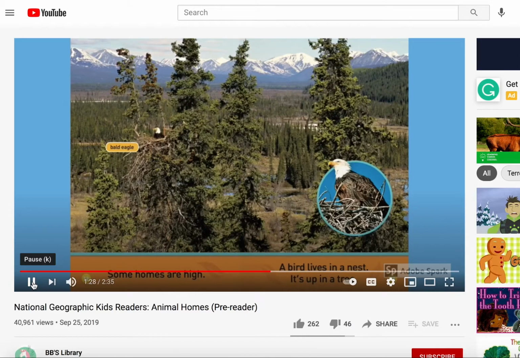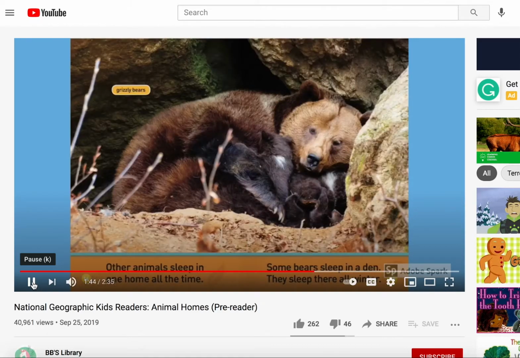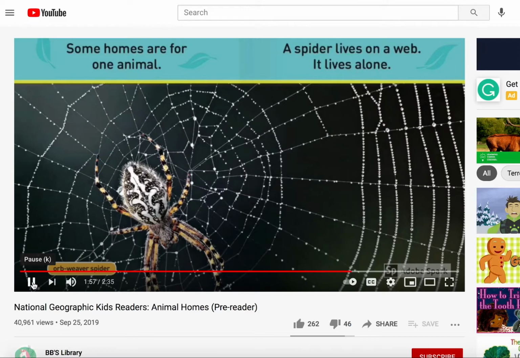Bengal eagle. Some animals sleep in many homes. Deer walk all day. Then they find a new place to rest. Oh, look at that baby deer. Other animals sleep in one home all the time. Some bears sleep in a den. They sleep there all winter. Some homes are for one animal.